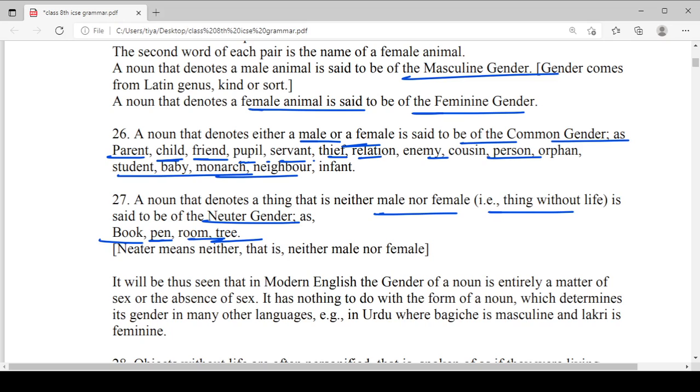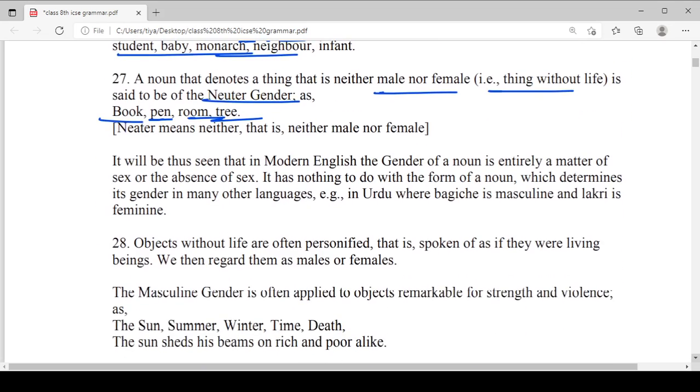The gender we use for non-living things is the neuter gender, the common gender is used for both male and female, the masculine gender is used for the male, and the feminine gender is used for the female. So in this way we can easily understand what the nouns and the noun genders are.